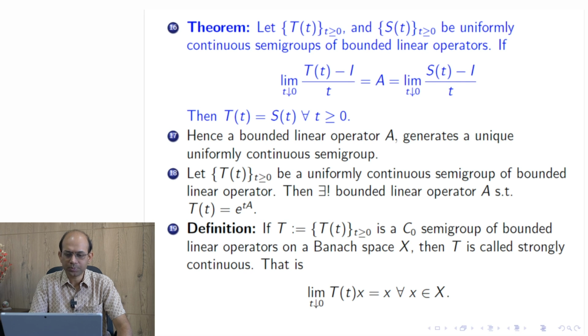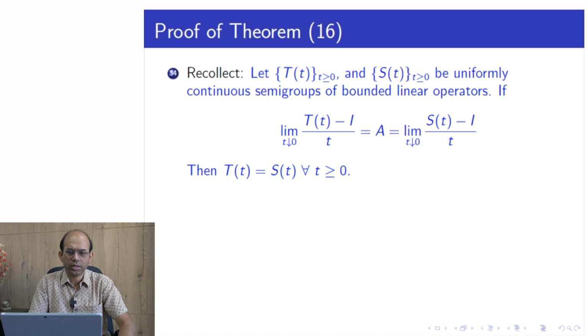So let us prove this theorem. We have not proved this theorem earlier, we have just stated it. Now today we are going to prove this. So you recollect the statement of the theorem. Let T(t) and S(t) be uniformly continuous semigroups of bounded linear operators.